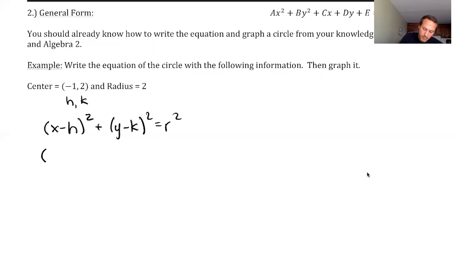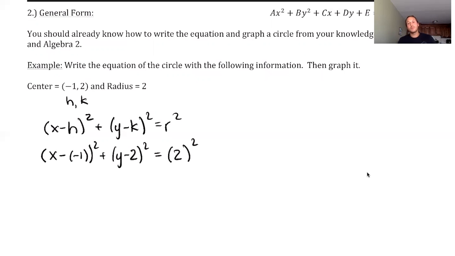So I'm just going to rewrite this as x minus -1 squared plus y minus 2 squared is equal to 2 squared. And then from here, you'll never see me leave it this way. I'm always going to simplify it, especially you don't want to see that minus negative thing. You're going to see x plus 1 squared plus y minus 2 squared is equal to 4.